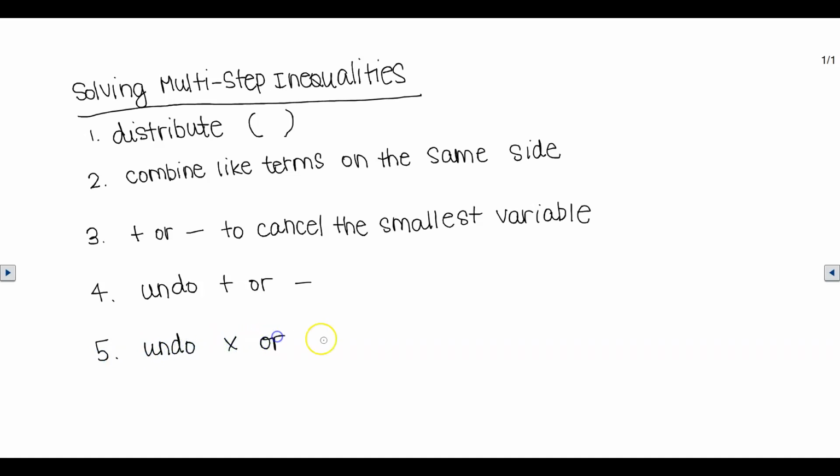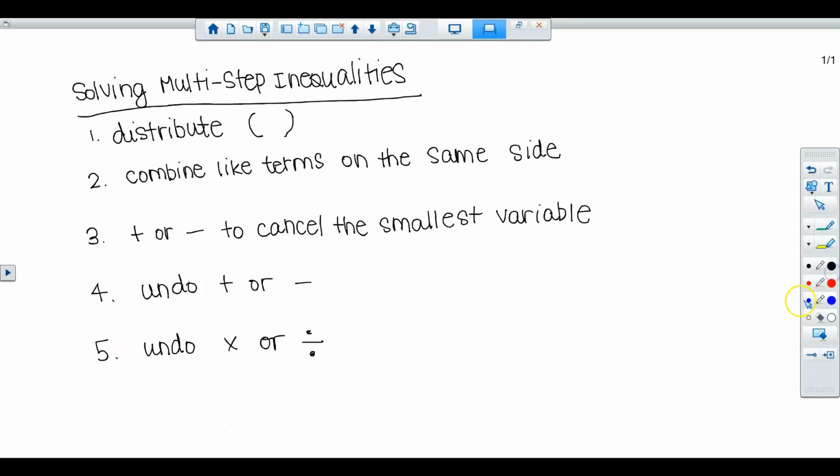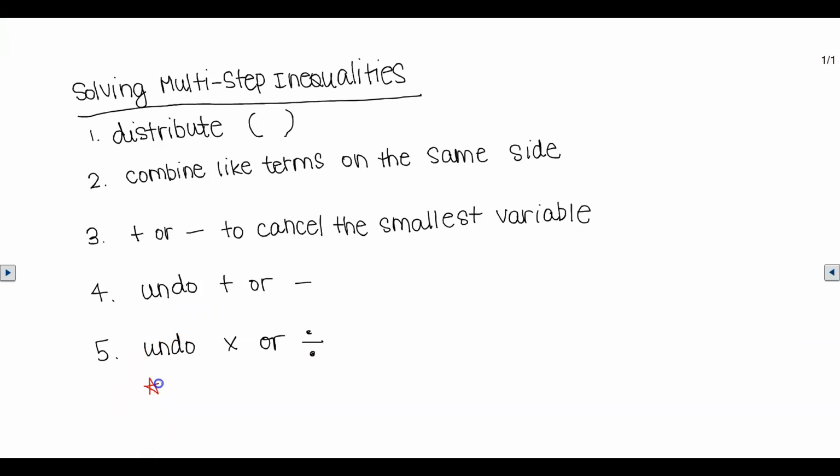Now, I want you to remember that on this step 5, there is an extra question that has to be asked. Because remember, when you multiply or divide by a negative number, it causes the inequality sign to flip.